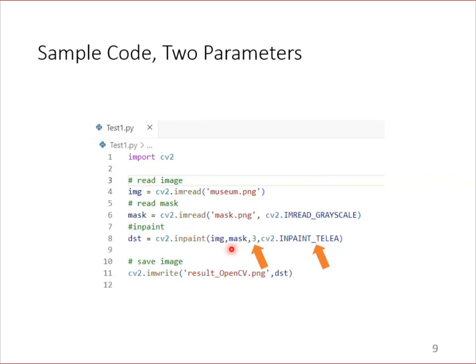This is my input image, my mask, and the parameter here is how large the radius is. And then the algorithm we need to specify. There are two algorithms supported by OpenCV. One is TELEA, and another is NS. Okay, on line 8, I will get my result, and then I dump it out, then I get the image.